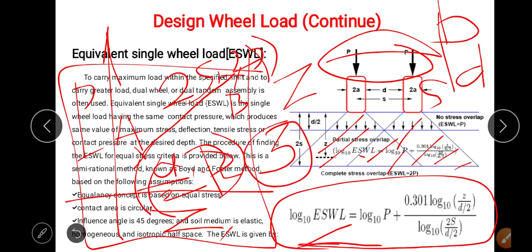Be remember, even in competitive examinations, such simple questions can be asked for 2 to 3 marks, because it is very simple. You have to remember the formula, that's all, and calculate in 2 or 3 minutes.